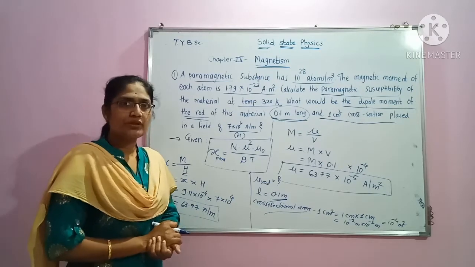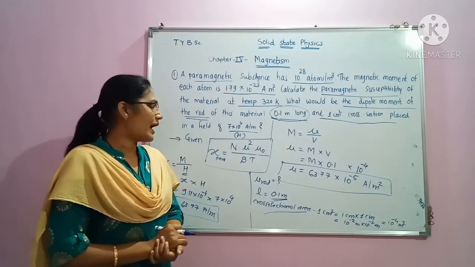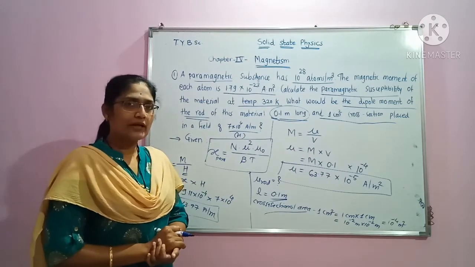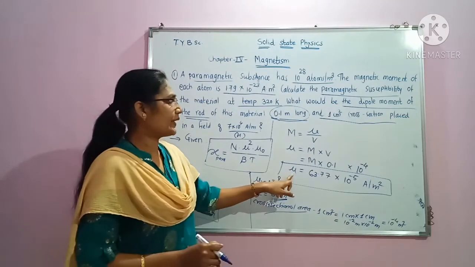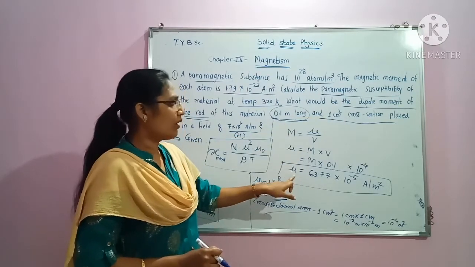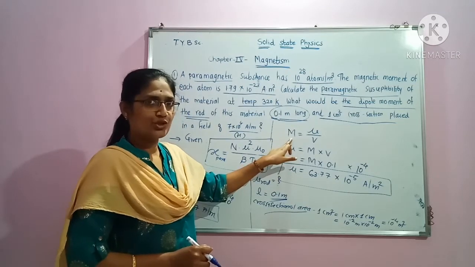So initially we have calculated the paramagnetic susceptibility, and after that, in order to calculate the dipole moment of the rod, we are in need of magnetization produced.